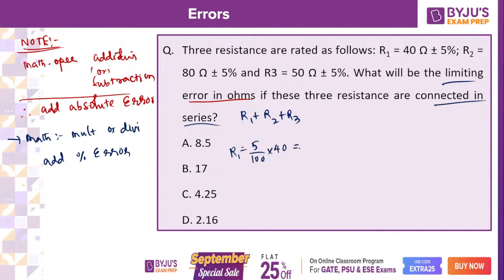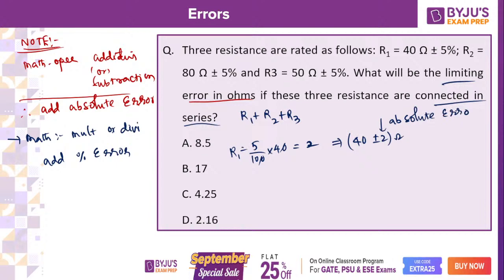It is going to be 2. 5 4s are 20, 20 by 10, 2. So that means 40 plus or minus 2 ohms. This is the absolute error.